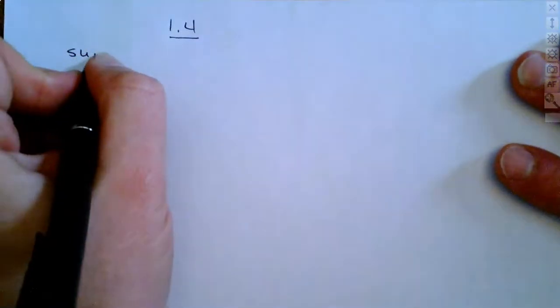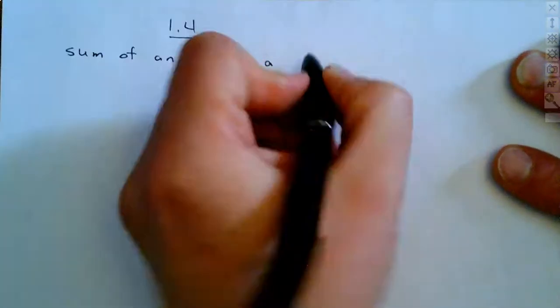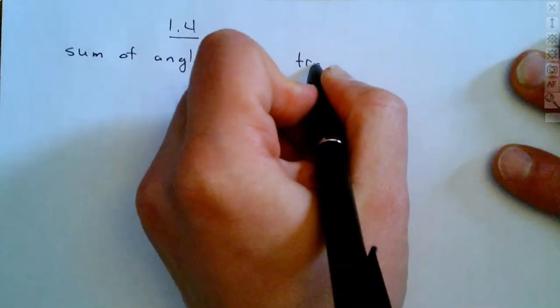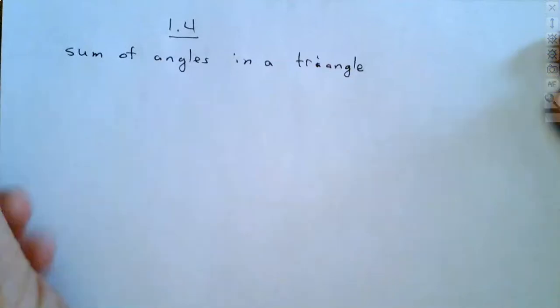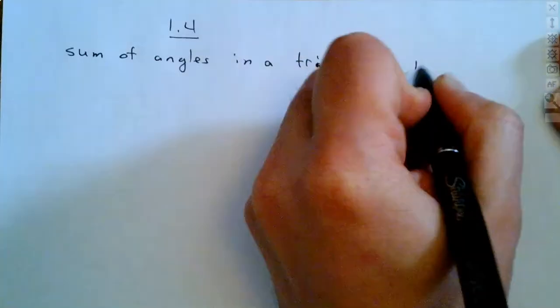Now for triangles, what do we know? We know that all the angles in a triangle sum to 180. So again, we're still in 1.4. And we know the sum of angles in a triangle is 180 degrees.